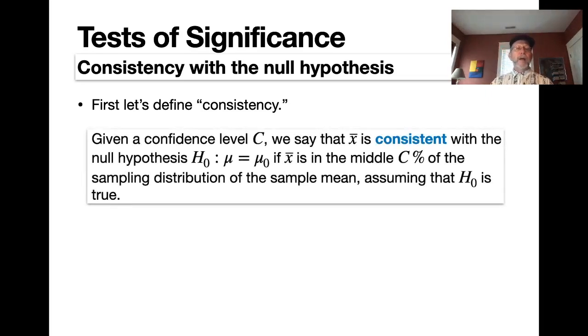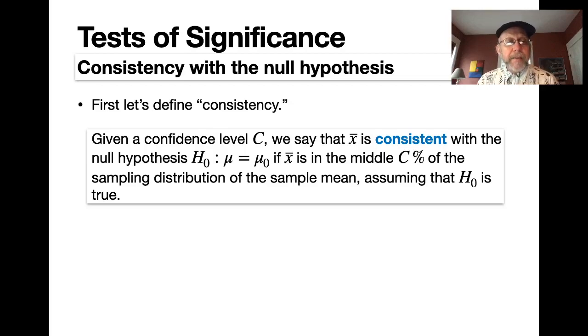That is, a value from the null hypothesis, the null hypothesis being that the mean mu is equal to some value, mu zero. Here, mu zero just means whatever value appears in the null hypothesis. We're going to say the data is consistent with that belief if the sample mean X bar is in the middle C% of the sampling distribution, where C is our confidence level, right?